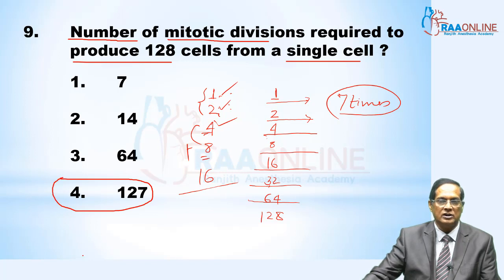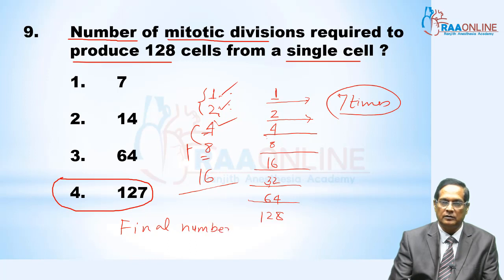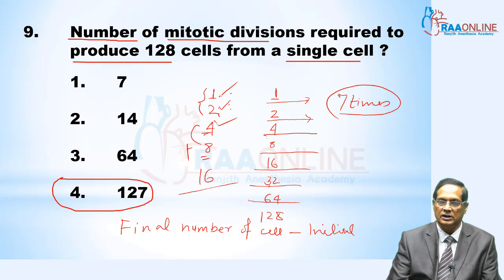But there is a short trick also. Final number of cells minus initial number.